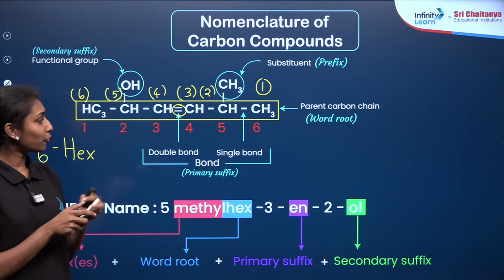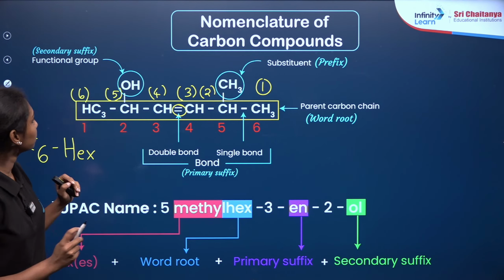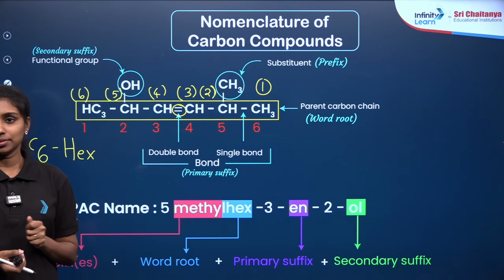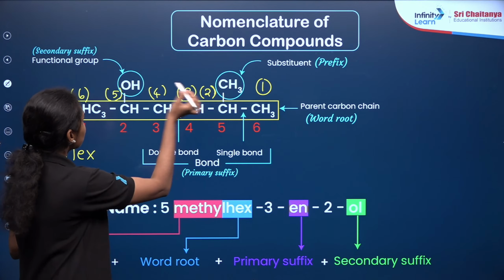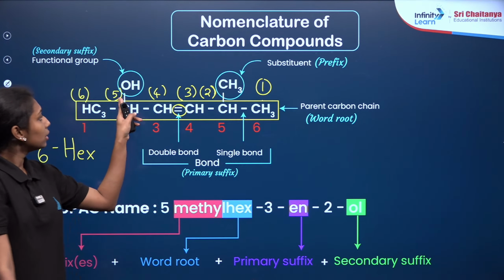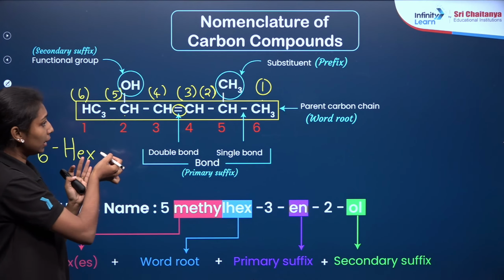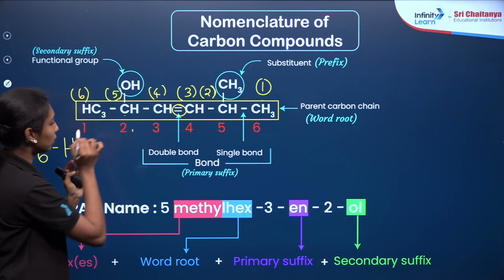That is another case. First start from the basics only, then we can go to advanced level. Clear? If I am starting the numbering from here, the OH group has the numbering of 5 because it is attached to the 5th carbon. If I am starting from the red number, it will have the second position of the carbon.